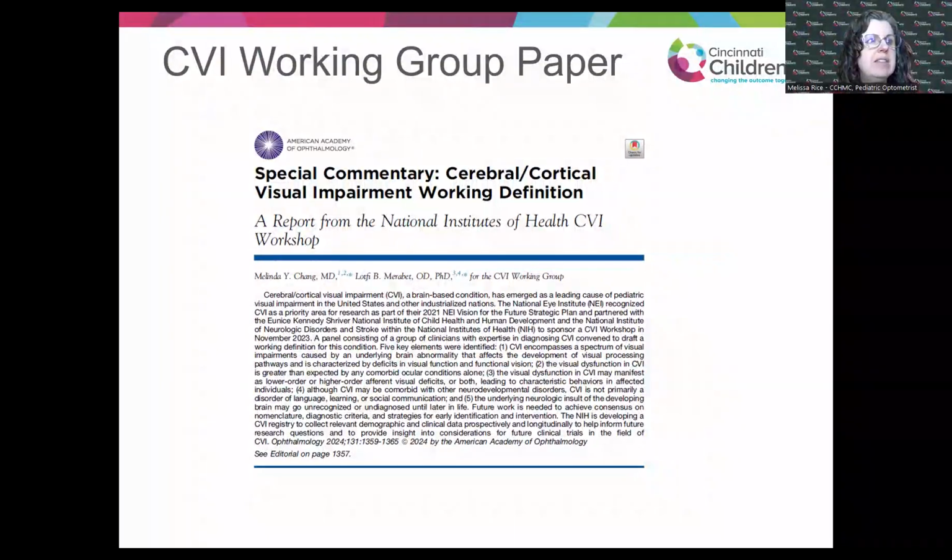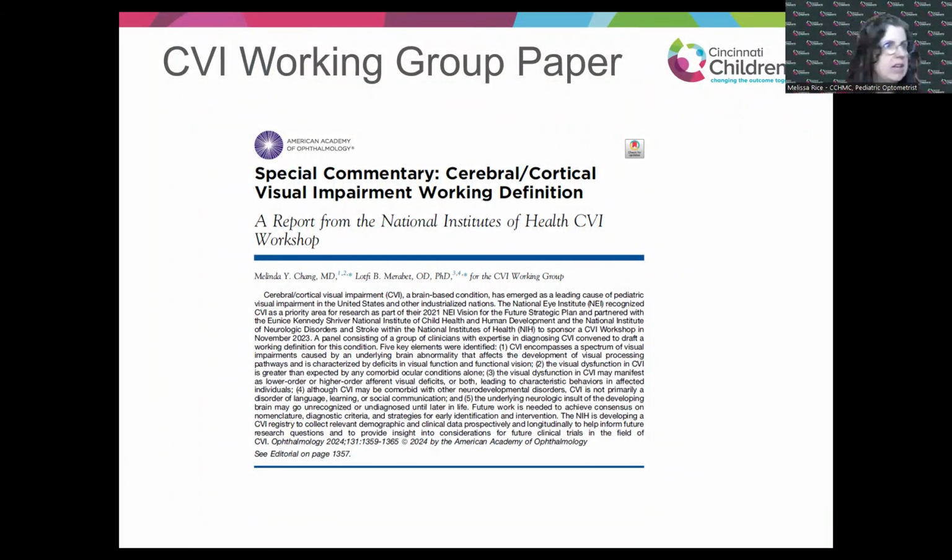And the visual dysfunction from CVI is greater than the comorbid ocular condition, so it has to be bigger than the nystagmus or optic atrophy. And it can manifest as lower or higher order defects, leading to characteristic behaviors.